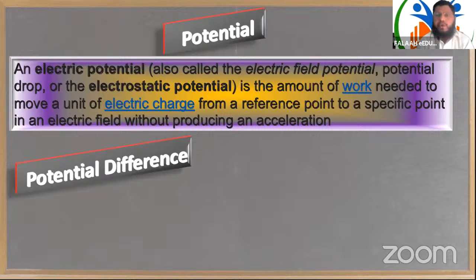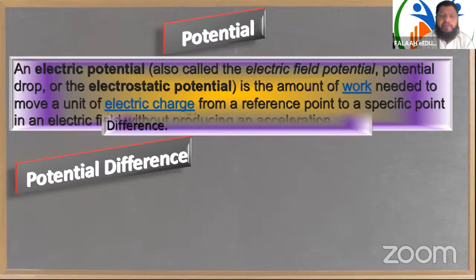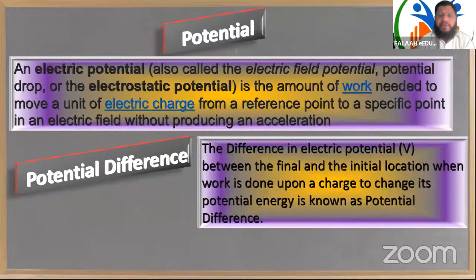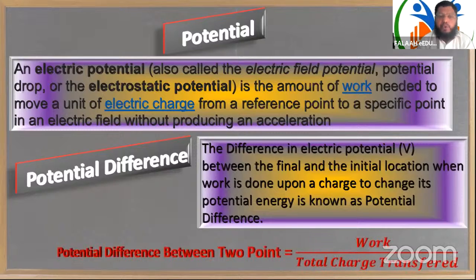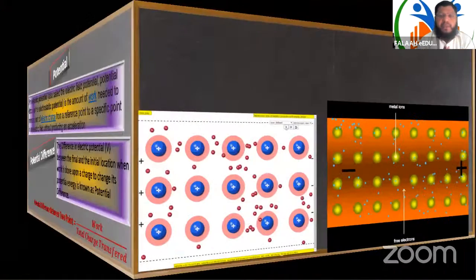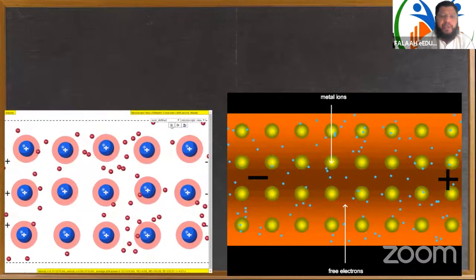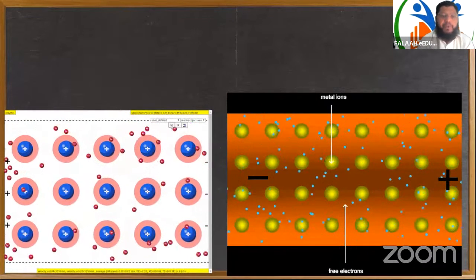Potential is also the amount of work or energy required to move one unit of charge. एक चार्ज एका पॉइंट पासून दुसऱ्या पॉइंट पर्यंत नेण्यासाठी जी काही शक्ती, ऊर्जा, ताकद लागेल, दॅट इज द वे आर कॉलिंग ॲज अ पोटेन्शियल. पोटेन्शियल डिफरन्स मीन्स काय, दोन पॉइंट मधील जे डिफरन्स आहे पोटेन्शियलचं, दॅट इज अ पोटेन्शियल डिफरन्स. And potential difference between 2 points we calculate by work upon total charge transferred. Charge.